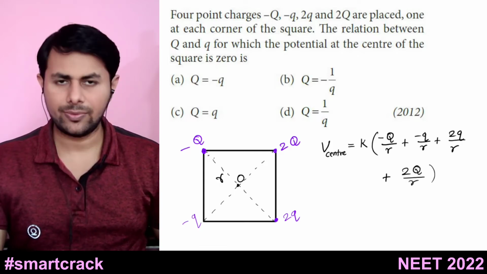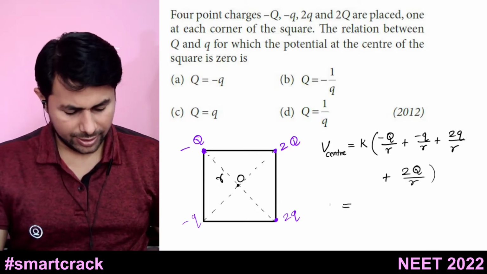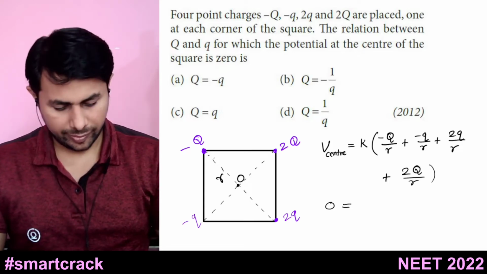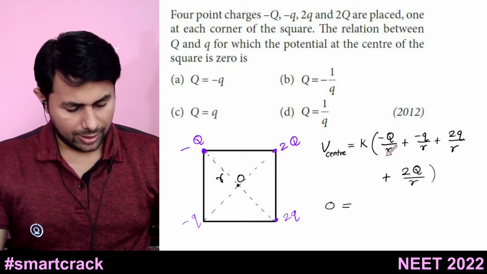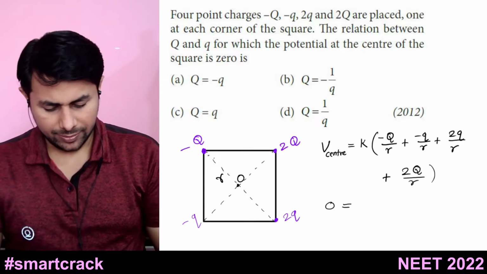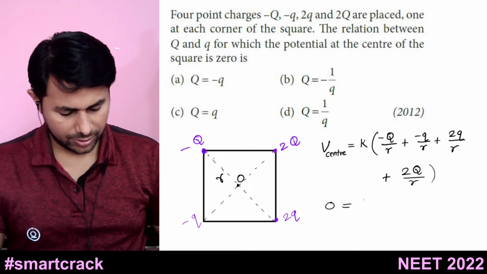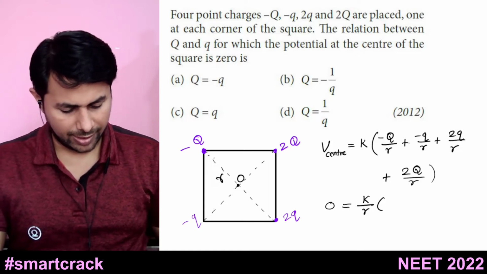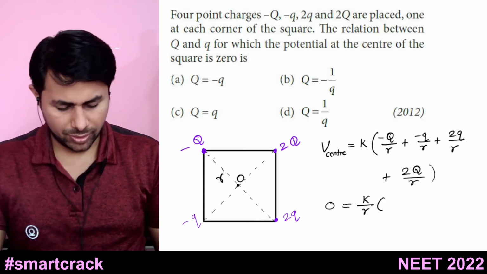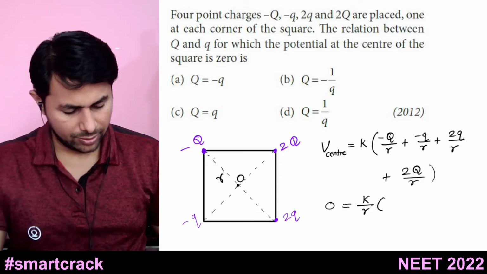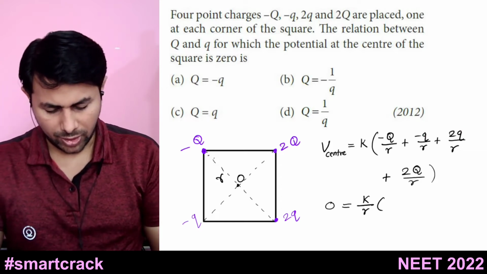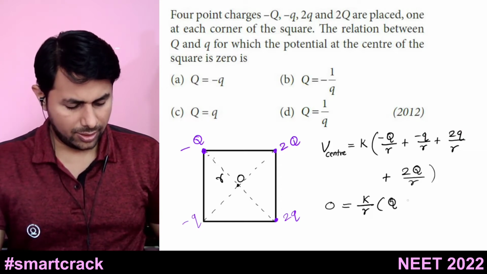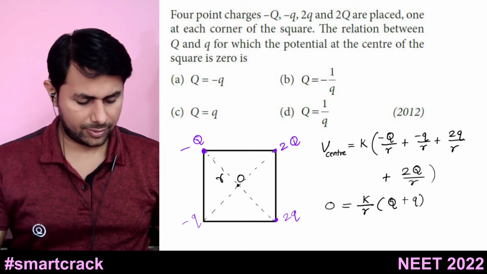So we add it up, what do we get? It's given that it is equal to 0, and 1 upon r also we can take common, so it's k upon r multiplied by whatever is there. So it is minus q plus 2q is q, and 2q minus q is small q, so q plus small q.